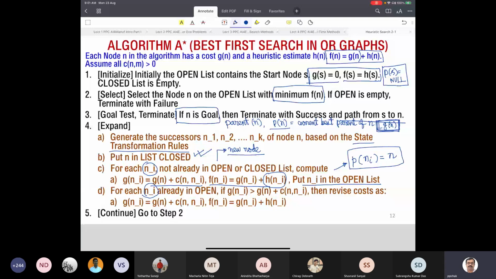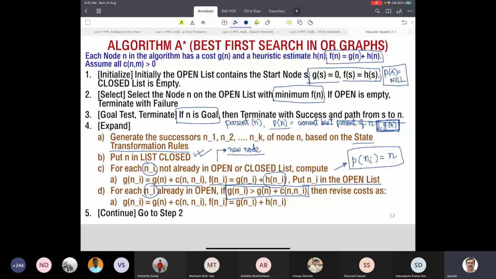That means Ni is already in open and its current value Gni is greater than the new value you come with. So the condition that the current value of Gni is greater than Gn plus C(N, Ni) gets satisfied. That means the path through which you come is better.